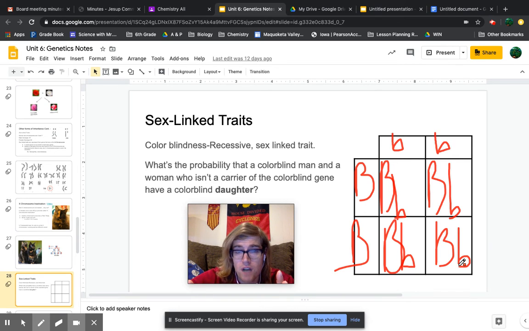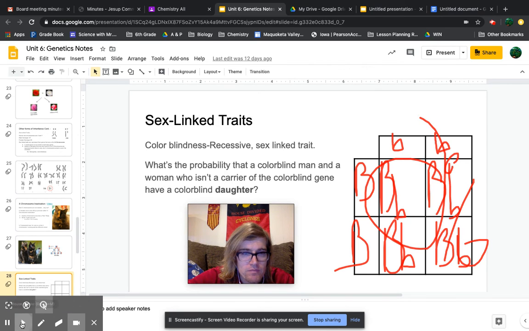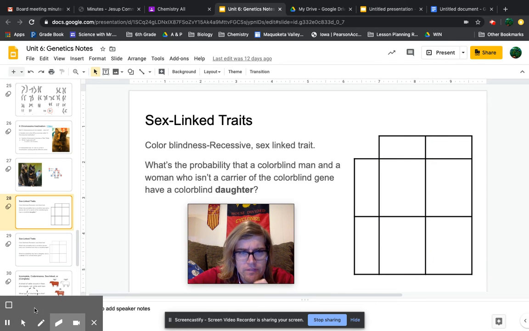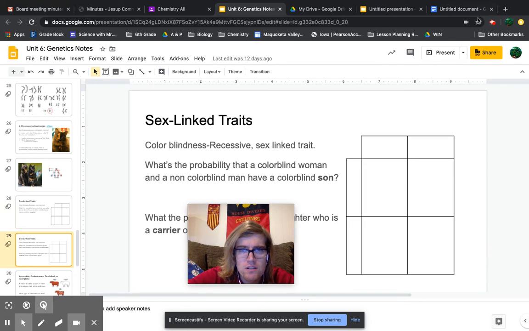Well, which one's the daughters? We don't know, right? So since we don't know, we can't say anything. I mean, yeah, we can say it's 0% because none of them have it. But we didn't look at the X and Y chromosome. Let's see another example, where maybe that's a little more important. The X and the Y. A second here. Here we go.